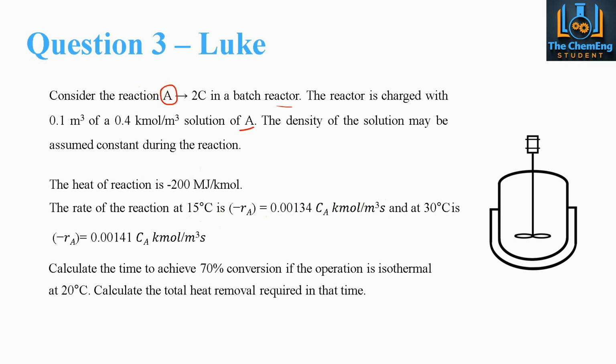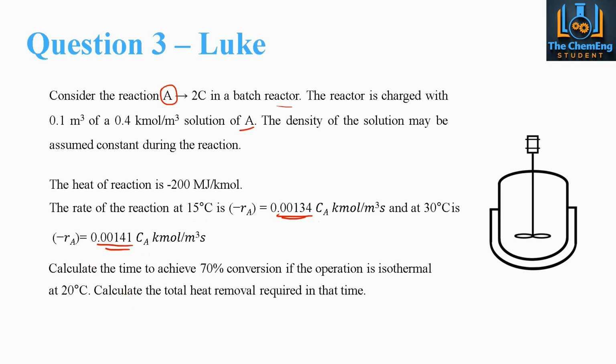Then we know the rate equation at 30 degrees is now 0.00141 Ca, because the reaction rate constant is highly dependent on the temperature. That will change significantly as the temperature changes, so from 15 to 30 we have a change in the reaction rate constant.